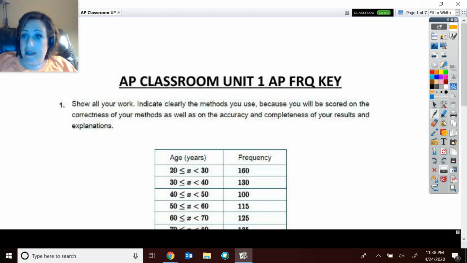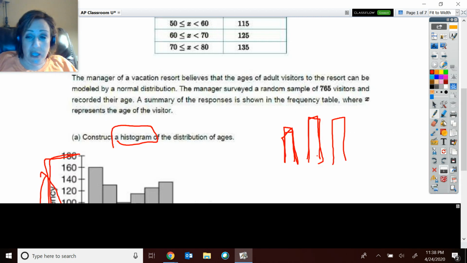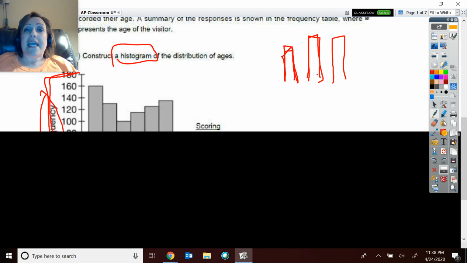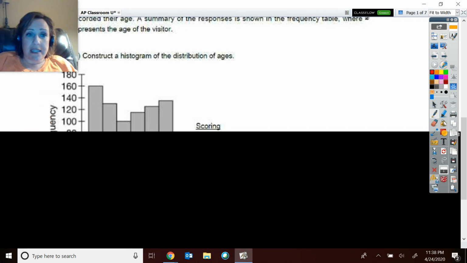For example, let's envision that we started at 80. Let's say that the bottom of our histogram went to 80. Can you see proportionately how much smaller this looks? This bar looks about a third of the size of this bar, or even a fourth. And that is not true.